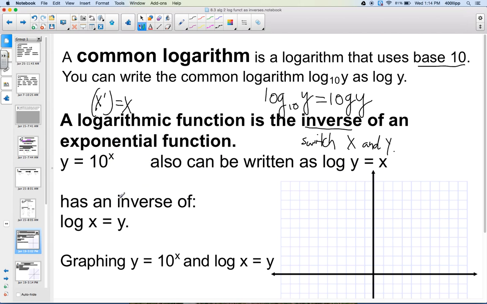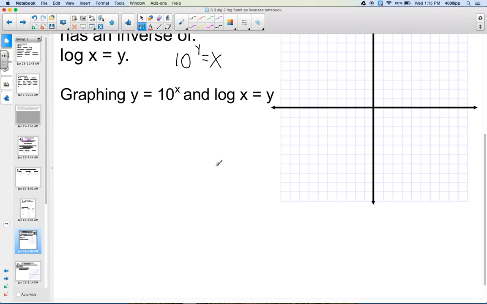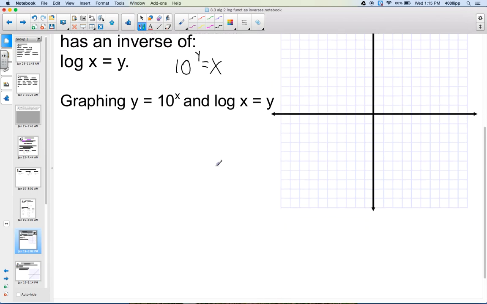So it has an inverse of, we said the inverse is switching x and y. So I could switch these x's and y's, and the inverse is log of x equals y. I just switched the x and y. So the equivalent here for that one is 10 to the y is equal to x. And this is your exponential form. So when we're graphing those, we're going to graph these.